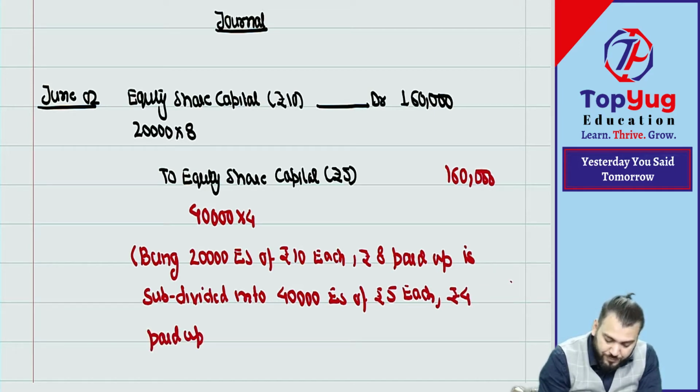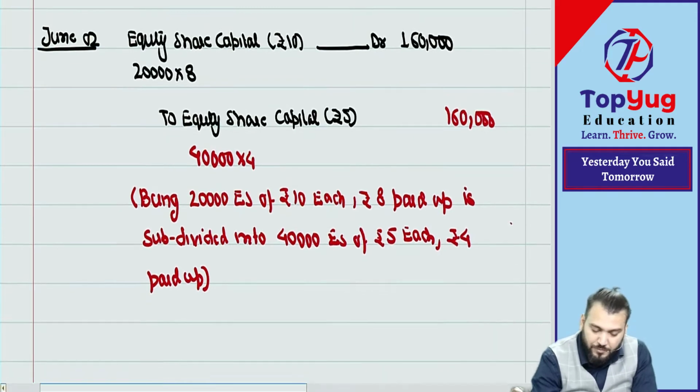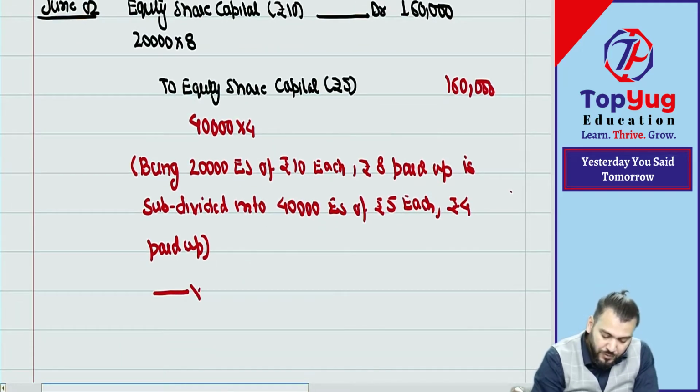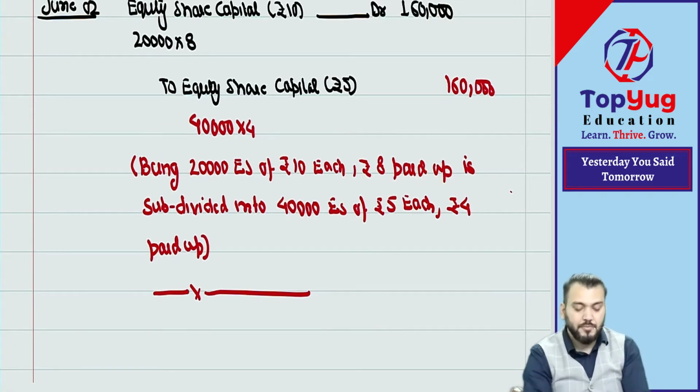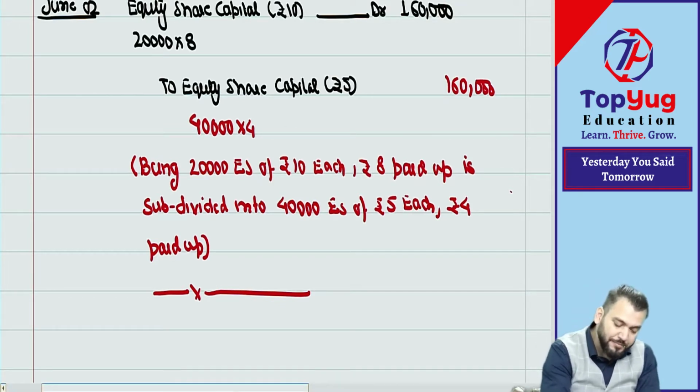Got it? Simple. First journal entry understood? The journal entry is very simple.